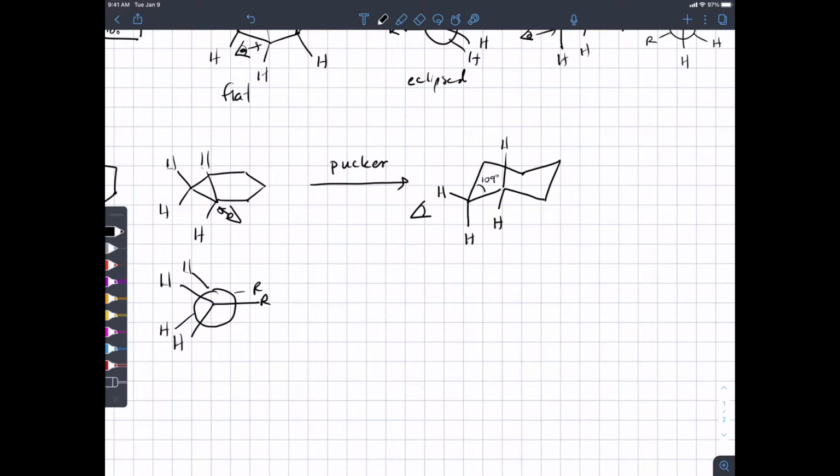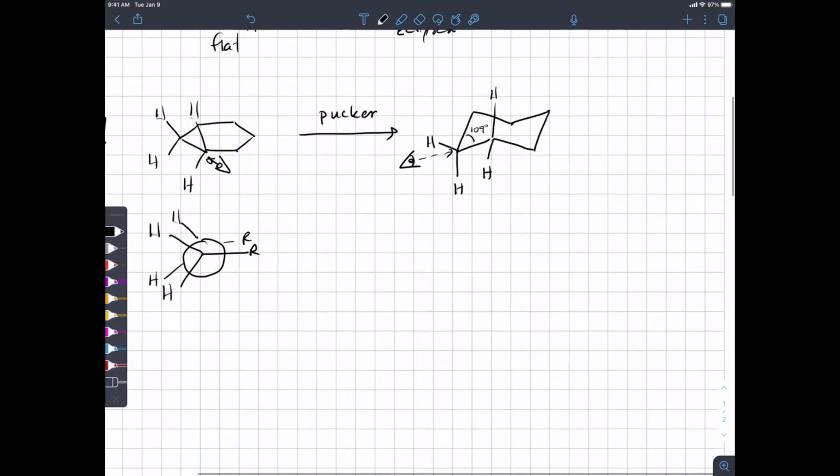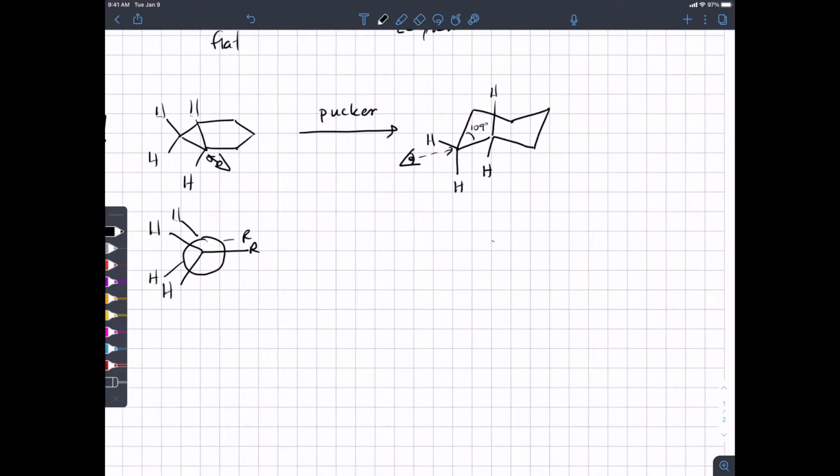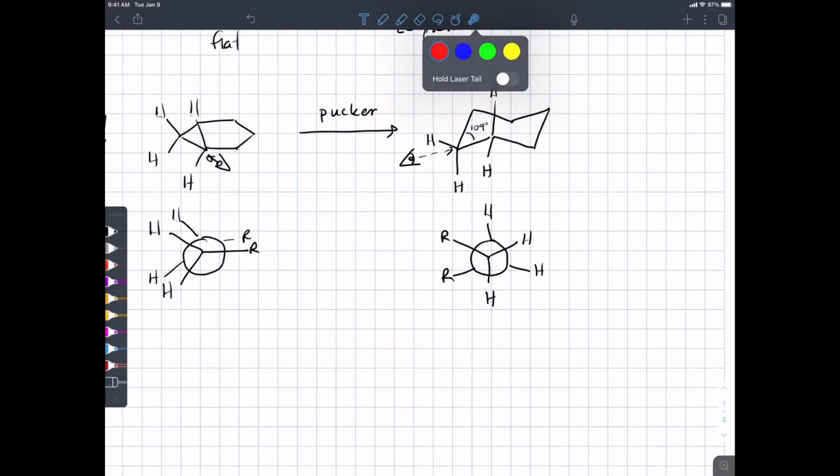And then if we look down any of the carbon-carbon bonds, we will see a perfectly staggered situation. All right, here is the carbon in the front.